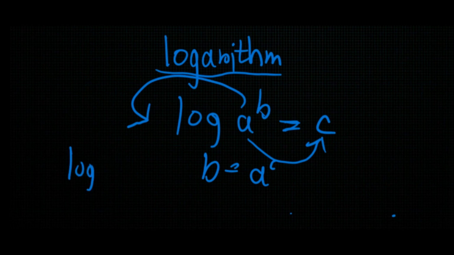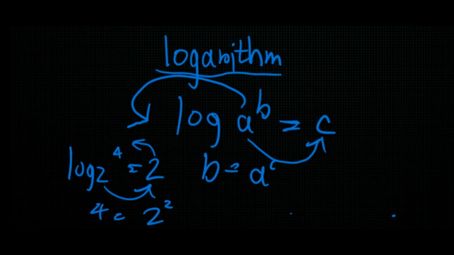Take log base 2 of 4 equals 2. Now taking 2 to the other side, this will be equal to 4. So 4 equals 2 to the power of 2, which is true.